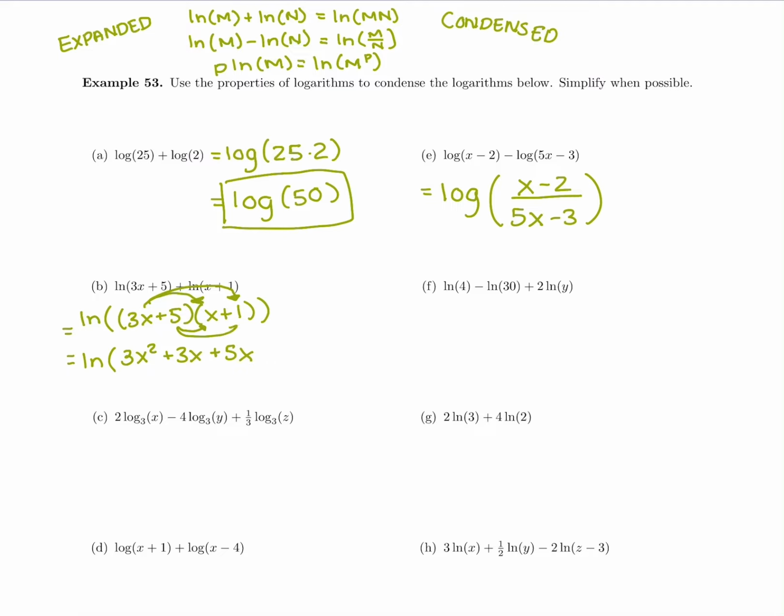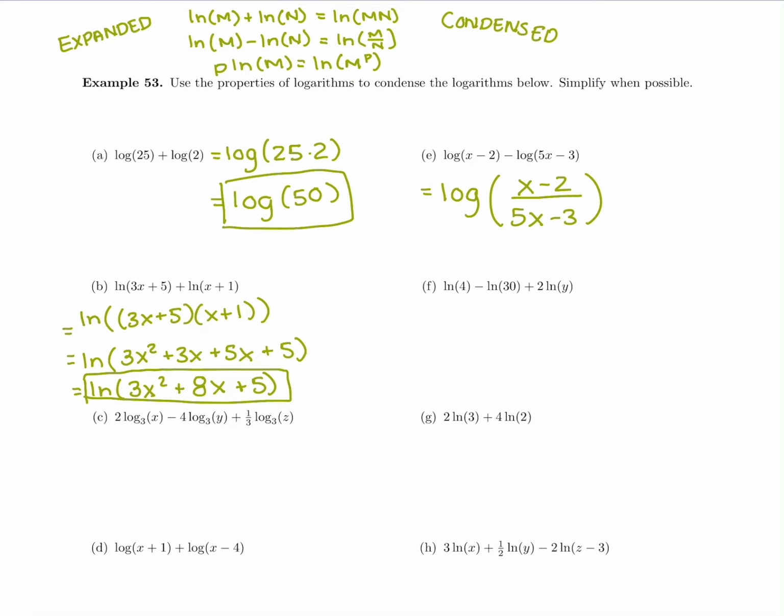And my last 5 times 1 is 5. So we end up with 3x squared plus 3 and 5 is going to give us 8x plus 5 for our final answer for that. So when it's multiplication, we actually have to go and multiply it out.